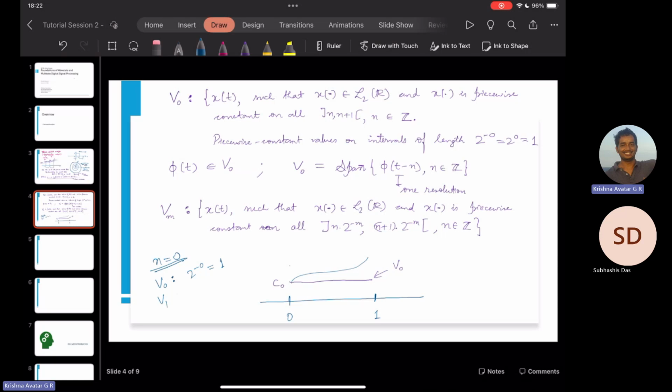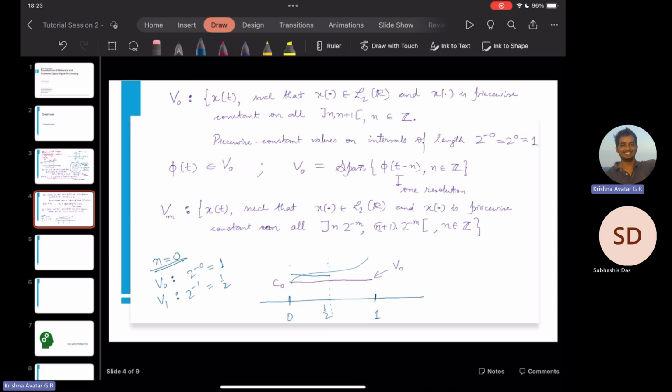For V1, the interval length for approximation would be 2 to the power minus 1, which is equal to half. So in this case we would be breaking the signal into halves for this domain itself. There will be one piecewise constant here, and then one more.